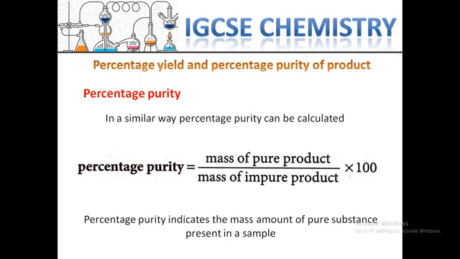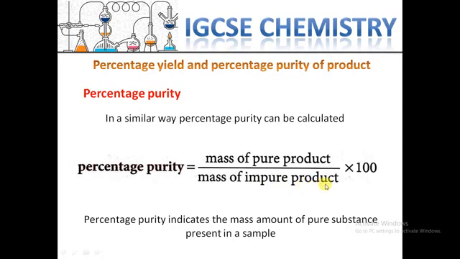For percentage purity, because the topic has included two, percentage yield and percentage purity, now we are going to focus on percentage purity. In a similar way, percentage purity equals mass of pure product divided by mass of impure product, times 100.